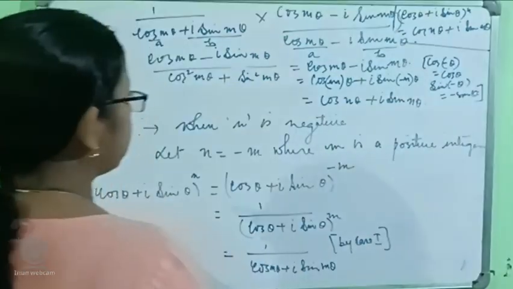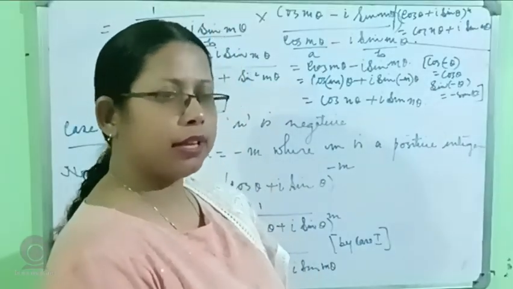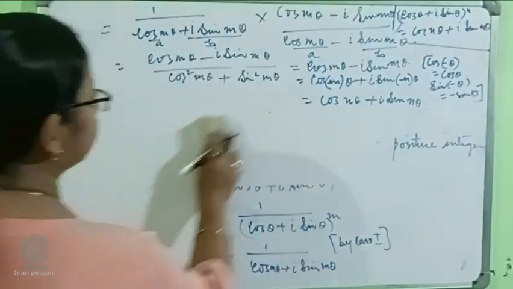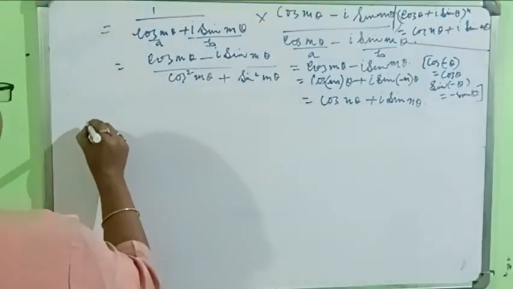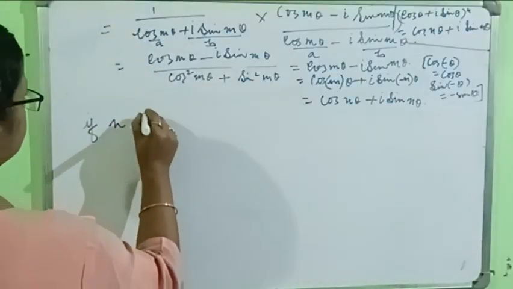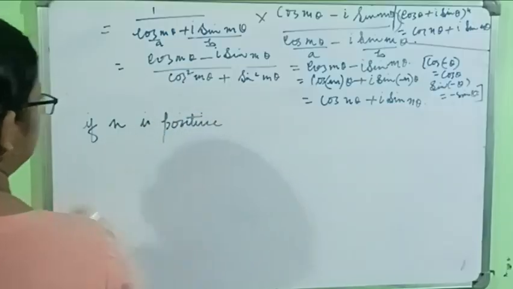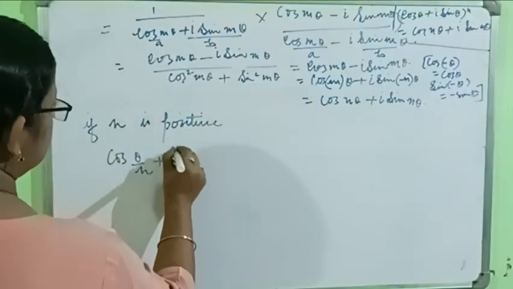Now, before going to prove the third case, we will prove one result. That is, if n is positive, then find out the value of this one.